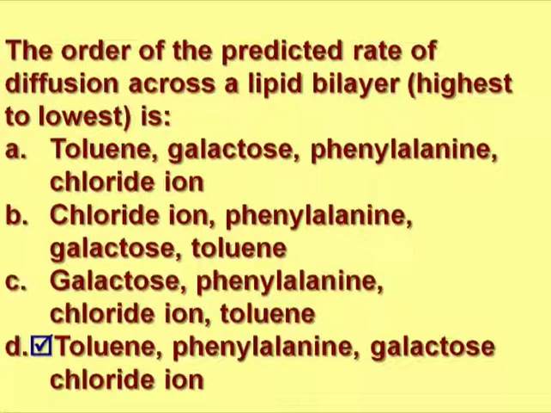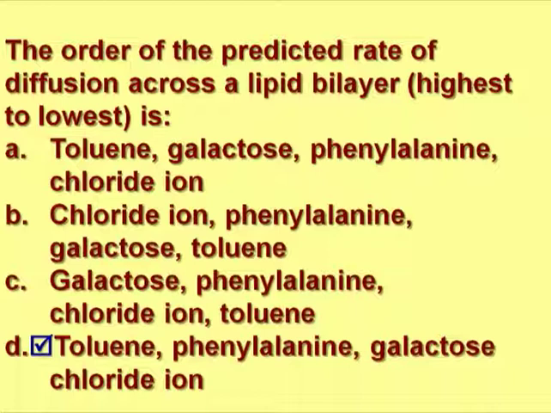The order of the predicted rate of diffusion across the lipid bilayer, from the highest to the lowest, depends on the polarity of the compounds or the ions which we come across.